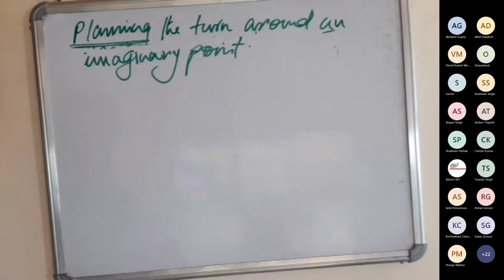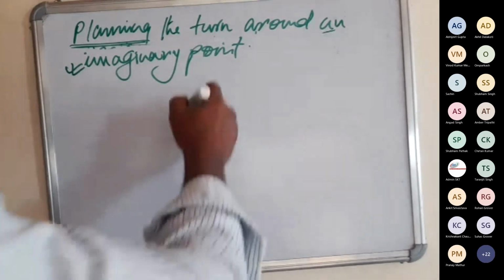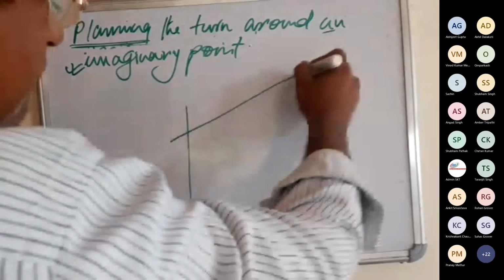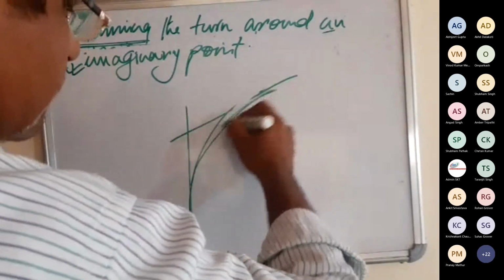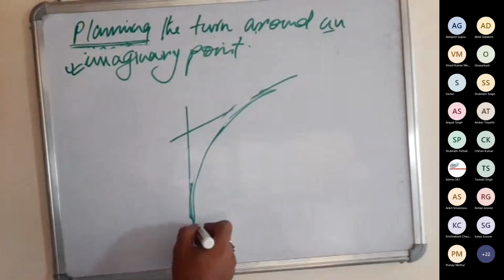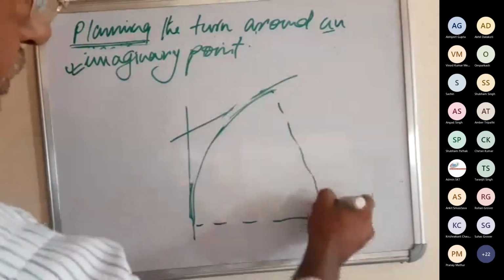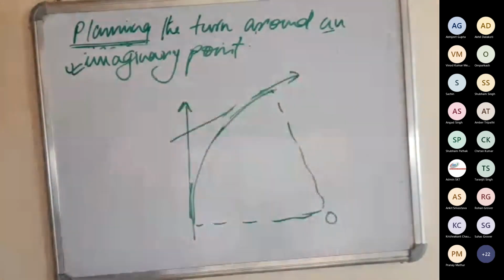But before we go to that process, how to plan, let us get a concept clear. Supposing you had this plan, with this radius, and suppose this is the point.